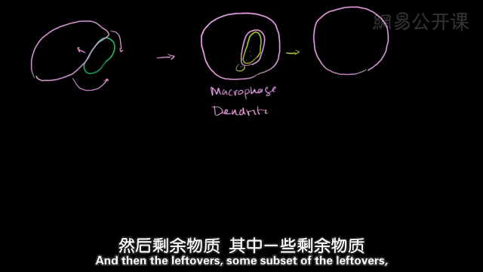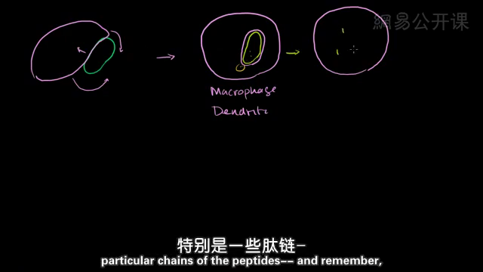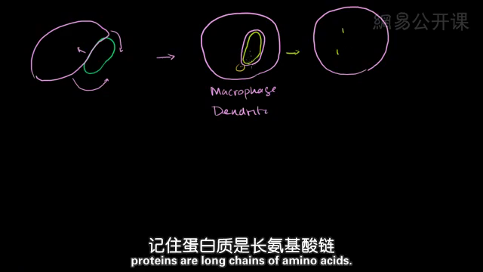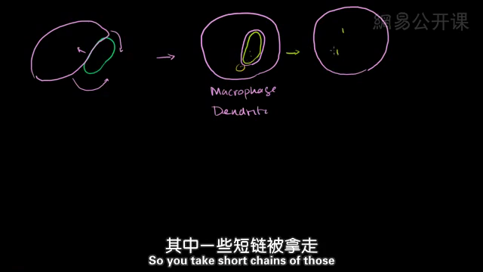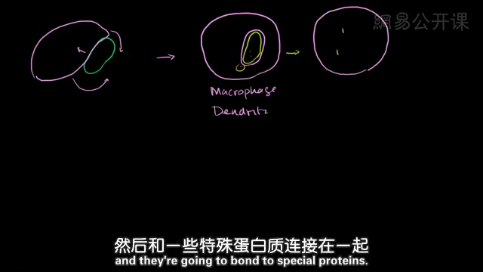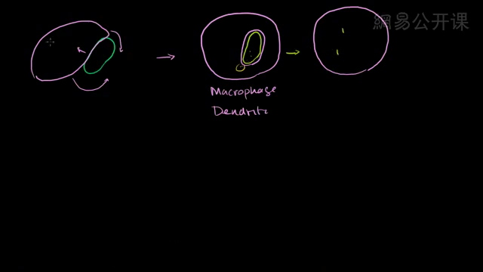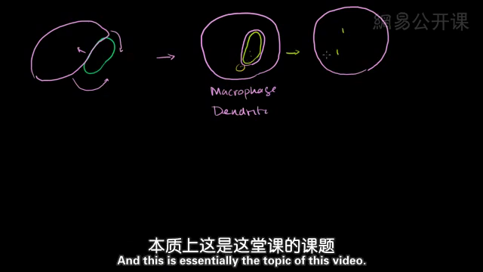And then some subset of the leftovers, particular chains of peptides, and remember, proteins are long chains of amino acids, polypeptides are short chains. So you take short chains of those, and they're going to bond to special proteins. And this is essentially the topic of this video.